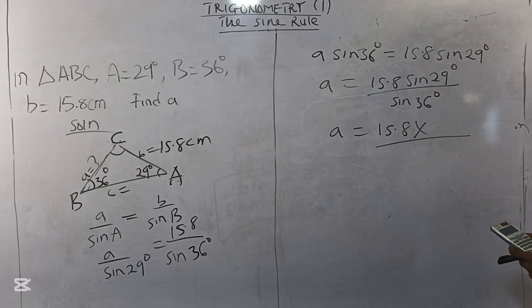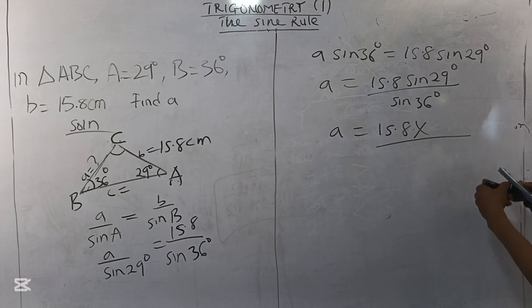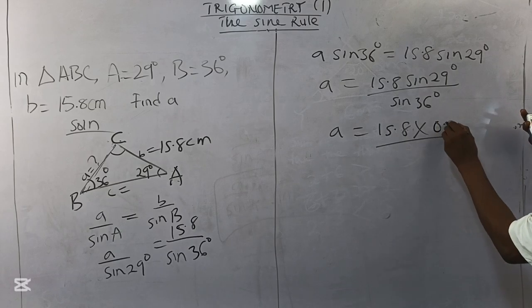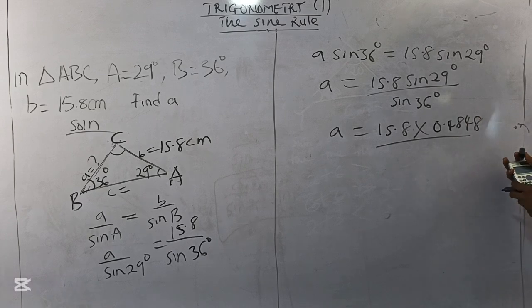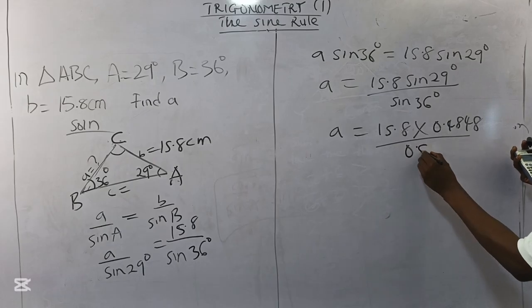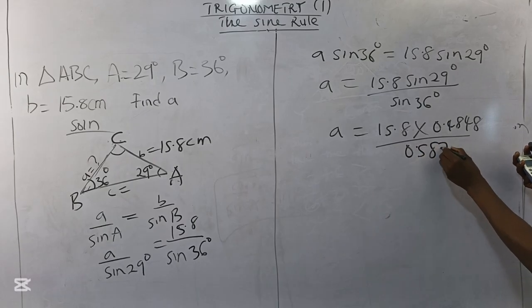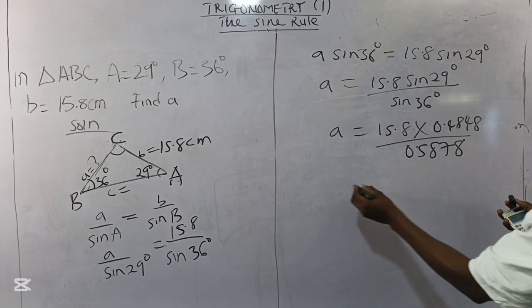So I have sine 29 degrees to give me 0.4848 to 4 decimal places, please. And I have my sine 36 degrees to give me 0.5878 to 4 decimal places also.